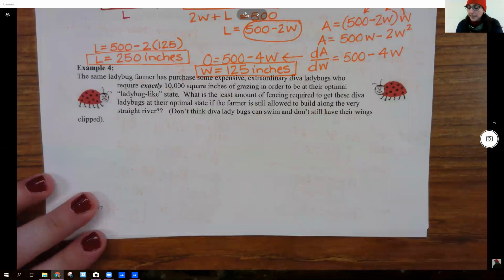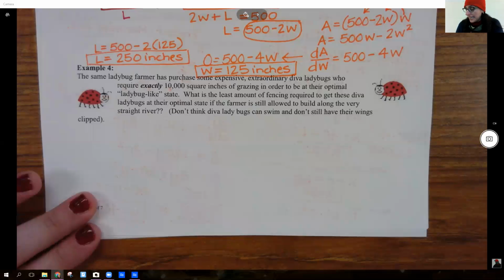All right, example 4. Same ladybug farmer has purchased some expensive, extraordinary diva ladybugs who require exactly 10,000 square inches of grazing in order to be at their optimal ladybug-like state.